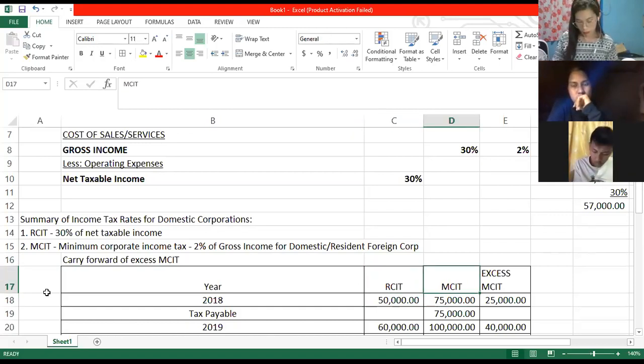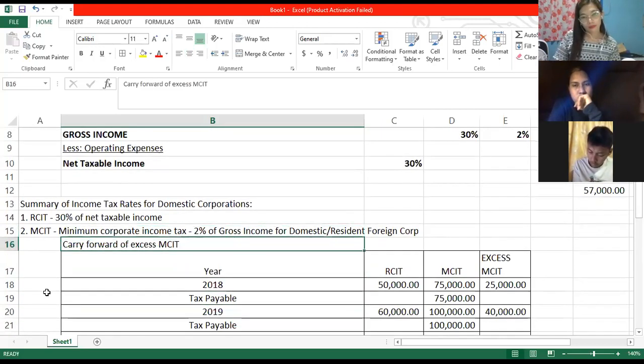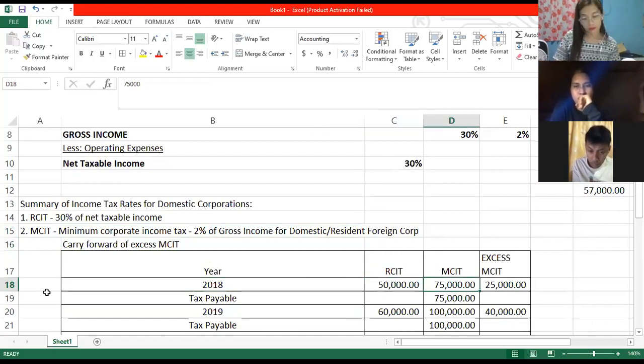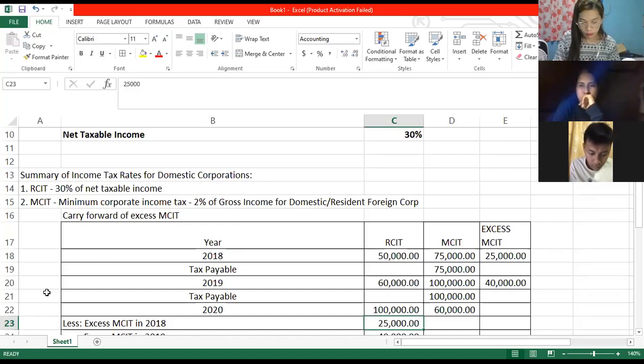Okay? Now, napag-usapan din natin yung carry forward of excess MCIT. Meaning to say, hindi lugi si taxpayer. Kasi yung excess na nabayaran niya, pwedeng i-carry over yan to the immediately succeeding taxable years. Okay?